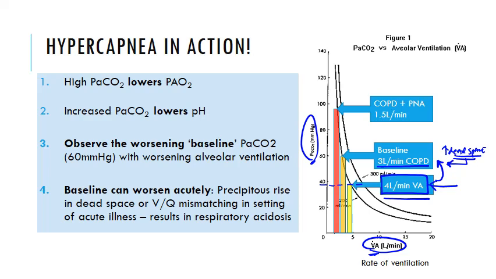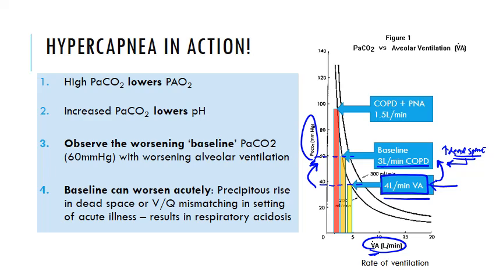And another way to think of this is there's just been a significant reduction in real estate of functioning alveoli, a functioning lung. So this translates to 60 millimeters of mercury. We can see that this is a big step. This is going to impact the acid-base balance of a patient, and this is going to be a slow and insidious increase over a decade or so.